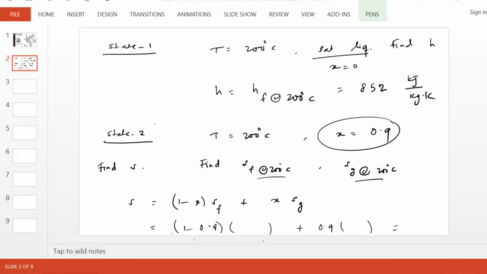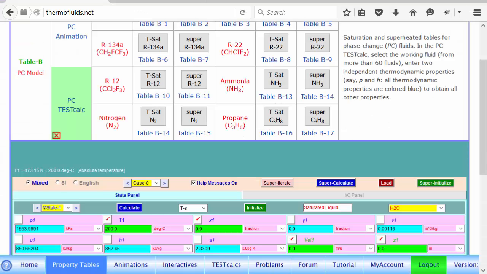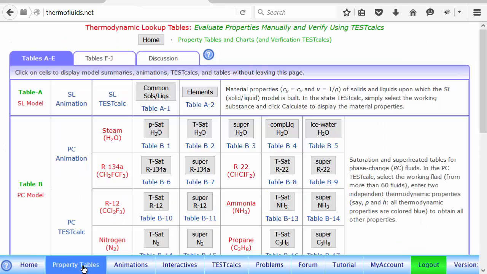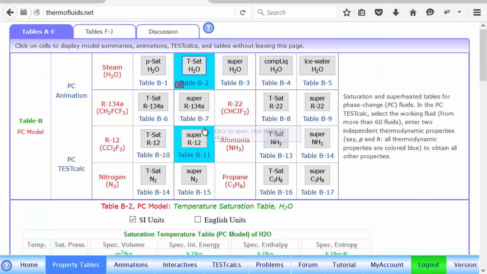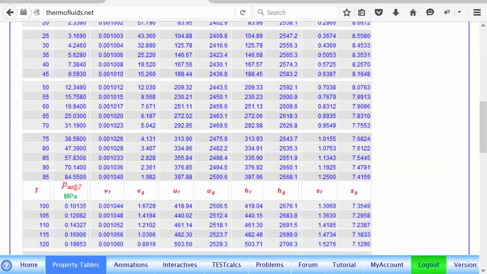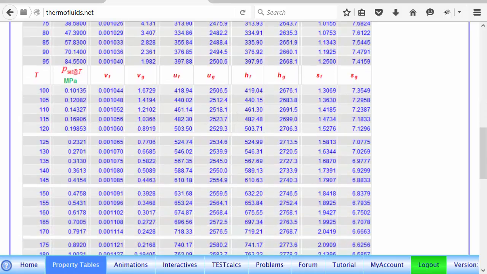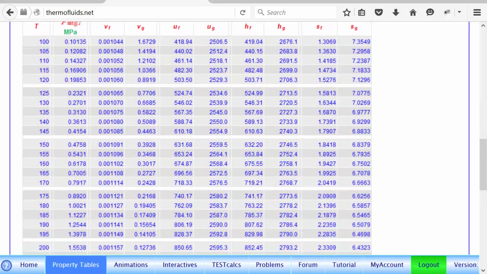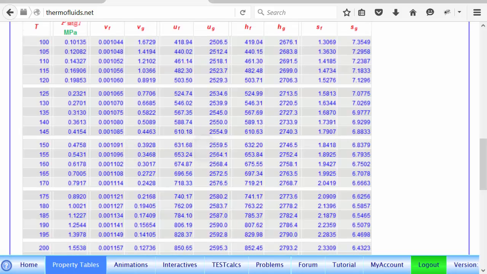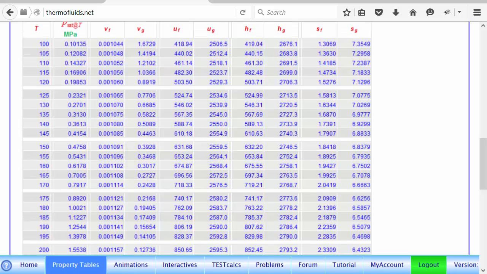So what is Sf? We go back and start a new tab where we'll have again the temperature saturation table at 200 degrees Celsius. We are to pick up Sf and Sg, which are 2.33 and 6.43.